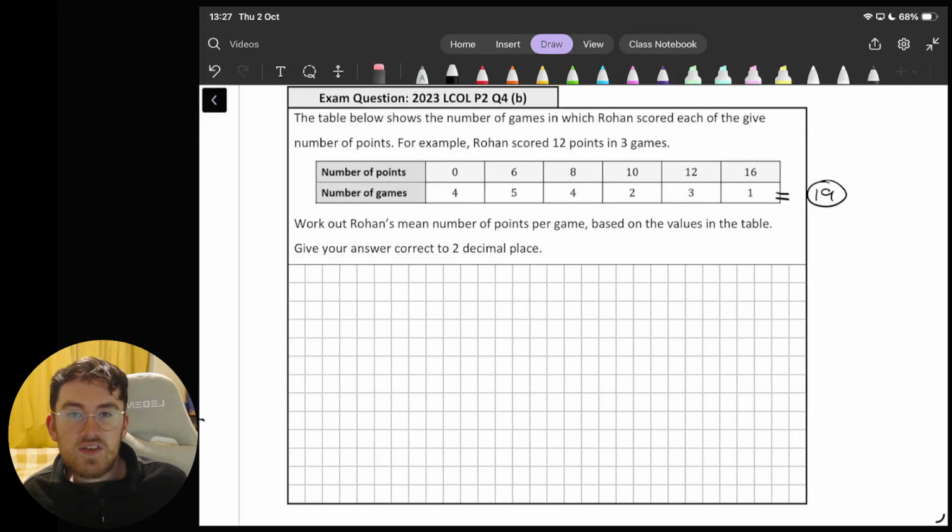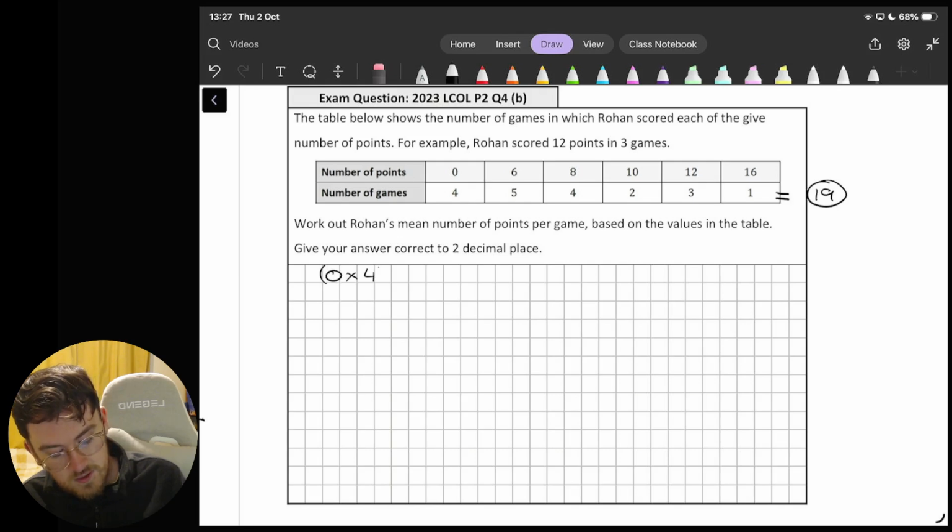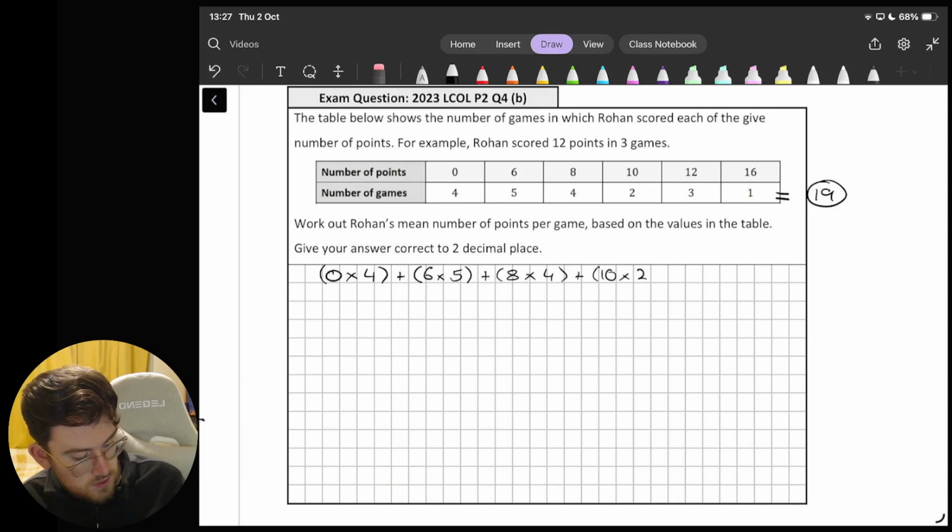They've given us an explanation there as well that the number of points, 12 appearing in 3 games, means in 3 games he scored 12 points. We're asked to work out his mean number of points to 2 decimal places. So we go through it like we just did in the last one. He had 0 points in 4 games. There's kind of no point in me including that one anyway, but I'll include it. 8 in 4 games, 10 points in 2 games, 12 points in 3 games, and 16 points in 1 game.